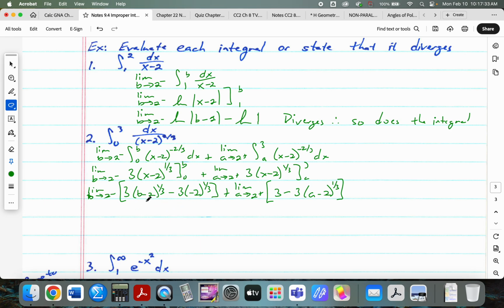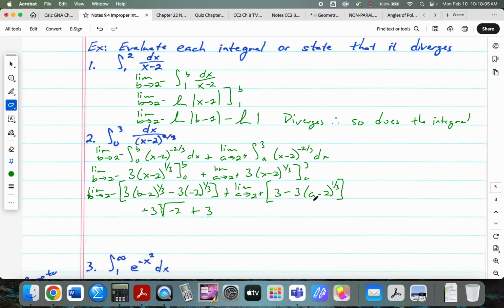All right, well, as b approaches 2, and it doesn't matter from the left or from the right, b minus 2 is going to approach 0, so that is going to all approach 0. So that's going to be negative 3 times the cube root of negative 2, plus 3.